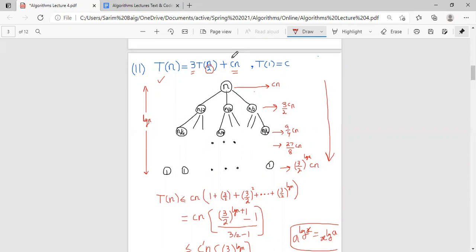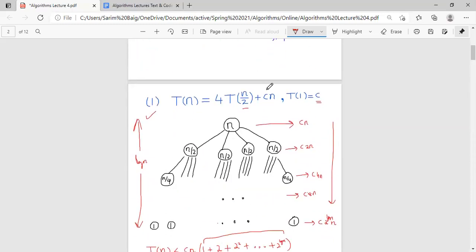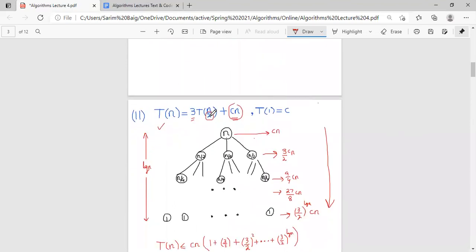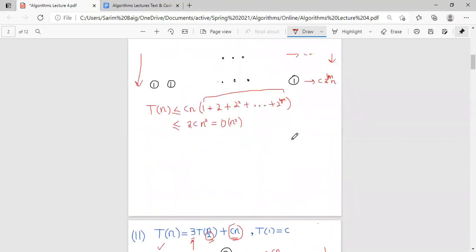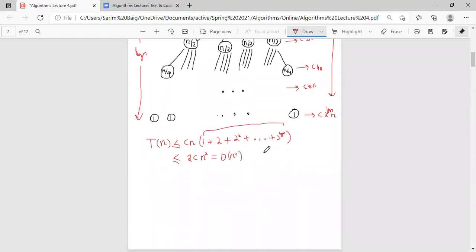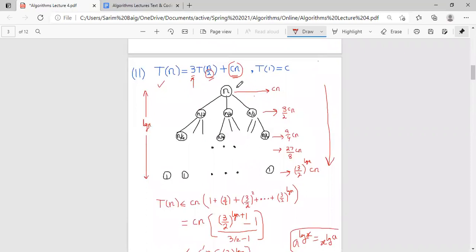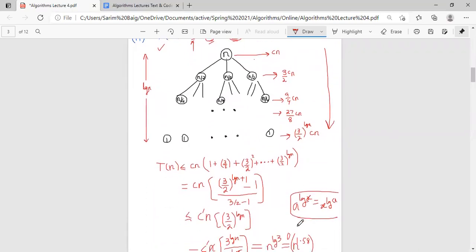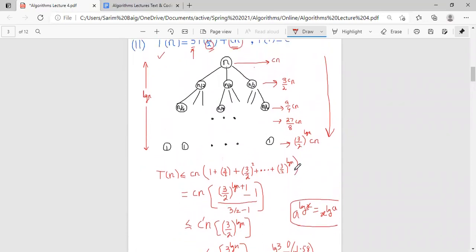Given that this work per level is the same, just like in this recurrence and this recurrence, the things that impact are this branching factor here and this number, which is like the reduction factor, meaning how much of a reduction in data is happening in every call. So this determines the ratio of your geometric series. Like here your ratio was 2, so your overall work went up to n square. Here your ratio r came to 3/2, so your work stayed lower, came down to here. In merge sort this ratio became 1.